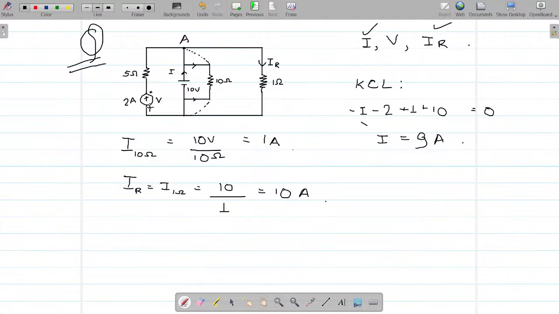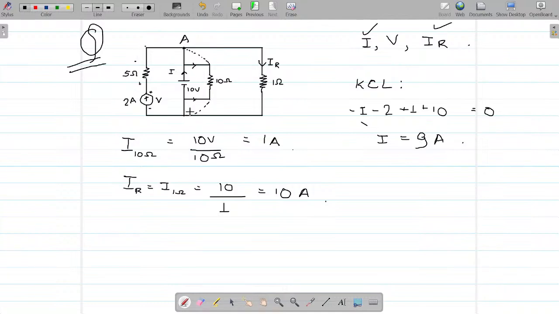There is a 10 volt source in totality here, right? If 2 amperes is flowing in this direction, this would be plus. This would be minus.